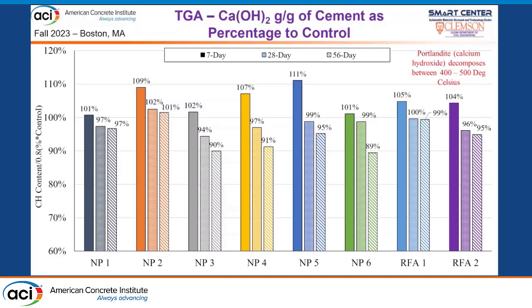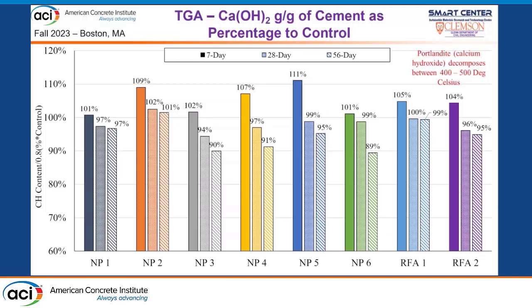And here at 7 days, all the samples had a higher relative calcium hydroxide content than the control, and we believe it's primarily caused by the filler effect of the SCMs, which provide more nucleation sites for the cement to reach a higher degree of hydration.